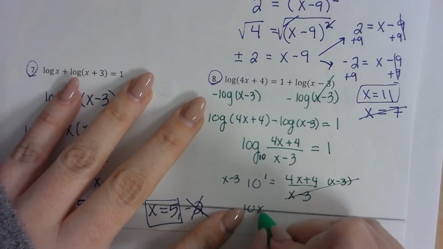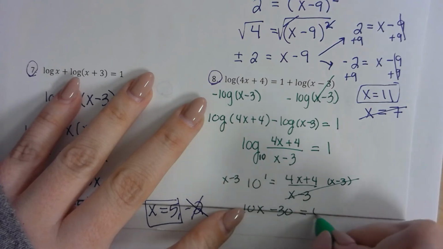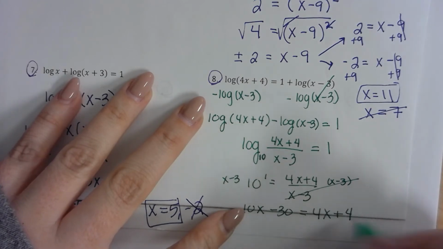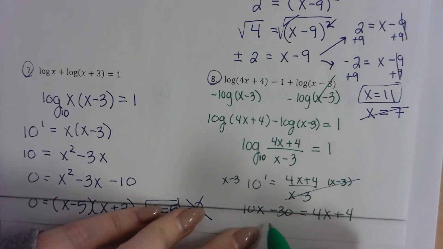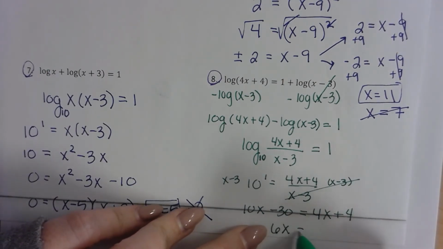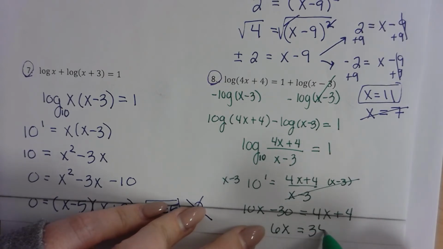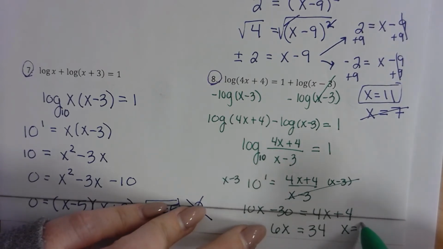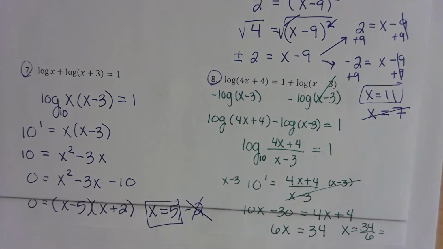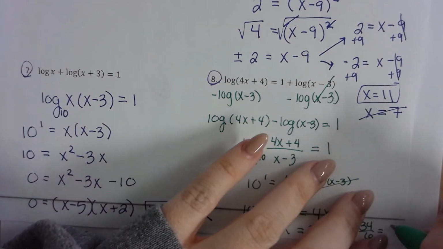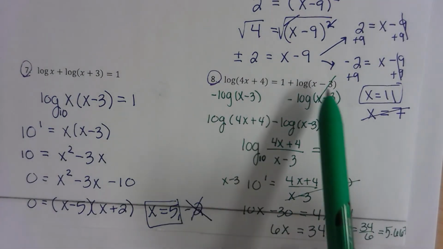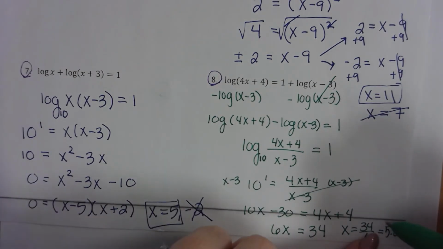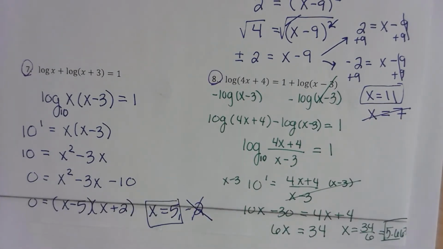So that gives us 10x minus 30 equals 4x plus 4. Get all your x's to the same side, all your numbers to the same side, and solve. So subtract the 4x would be 6x, add the 30 would be 34, divide by 6. 34 divided by 6 gives us 5.667. If I plugged that in, would anything be negative? It would not. So that is my final answer.